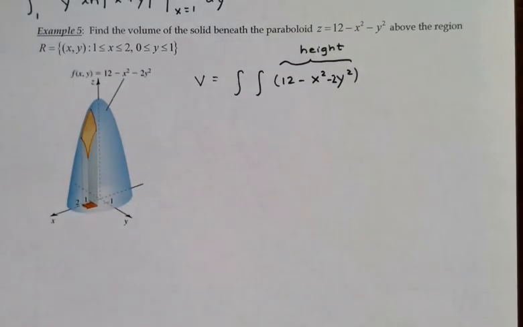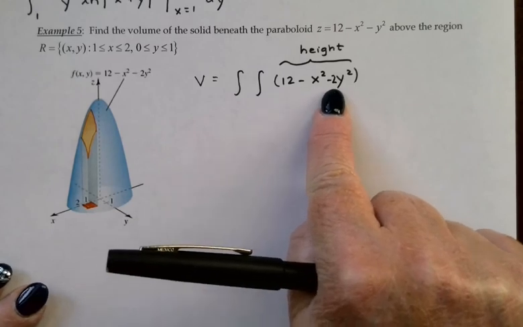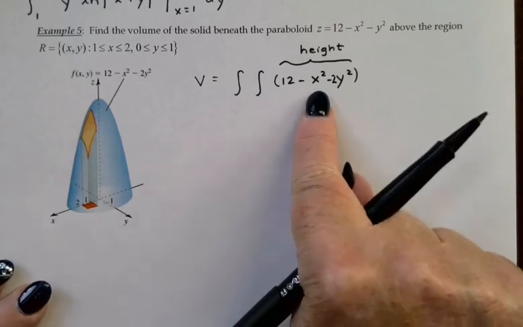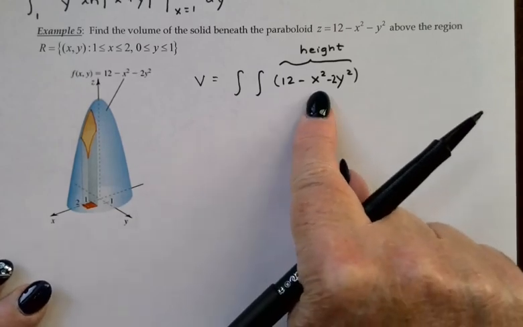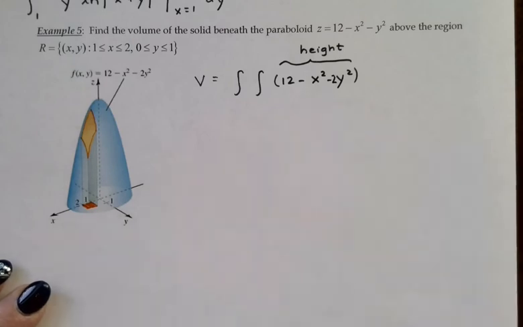There we go. I'm now going to decide whether to do dx dy or dy dx. And honestly, when I look at the integrand, it really doesn't matter. It's no easier or harder to integrate first with respect to x or with respect to y. There's very little reason for me to pick one over the other, but maybe just basic laziness.